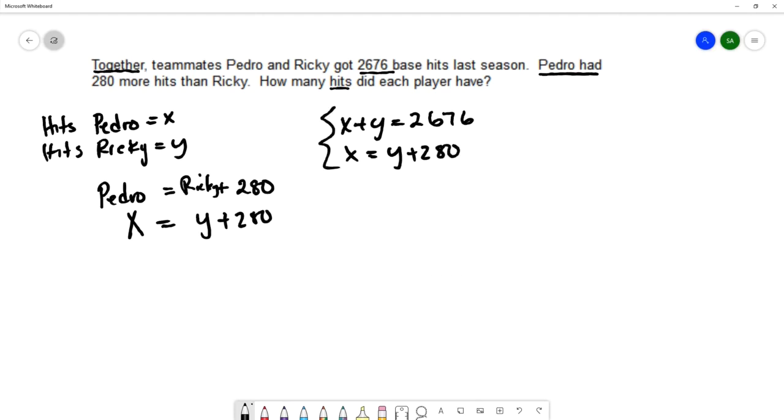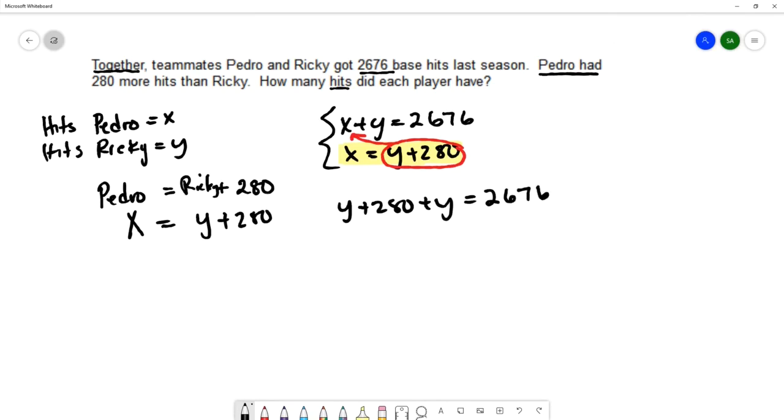So I want to solve the system, and as I look at this system, I think solving with substitution is the best method because I already have one of the variables solved for. I have X equals. So I will take this expression and substitute it into the other equation. So that gives Y plus 280 plus Y equals 2,676.